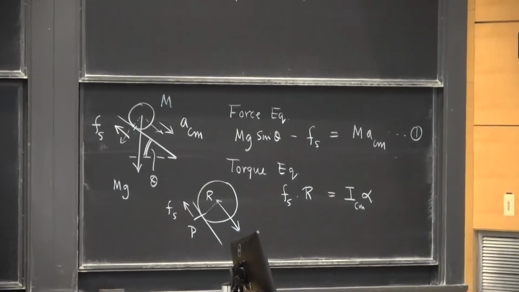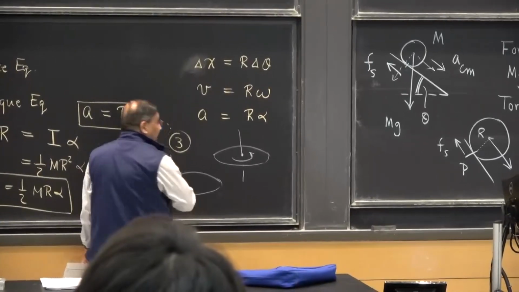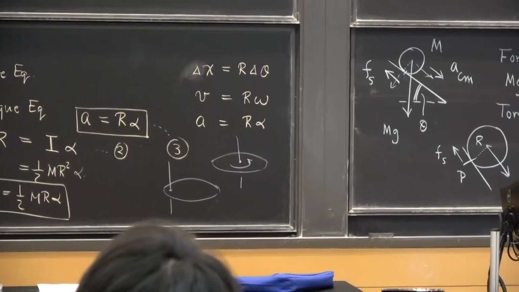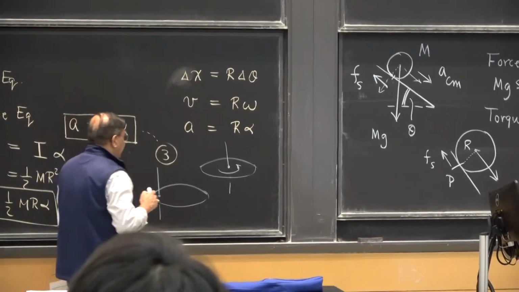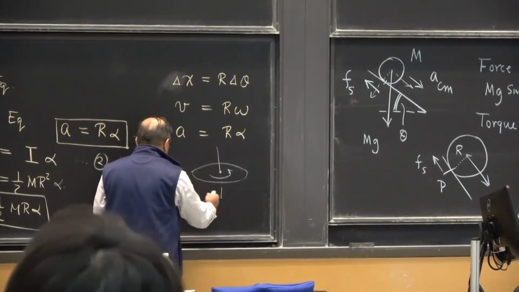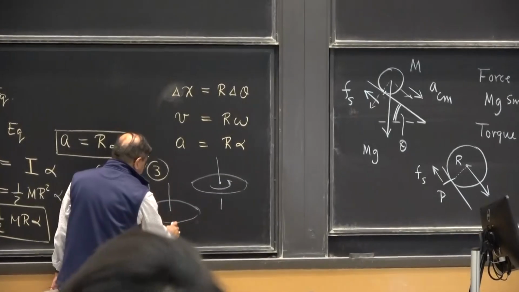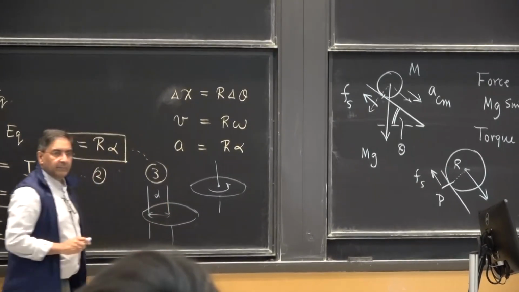You can also have a disk that is rotating about an axis away from the center. In fact, we did the parallel axis theorem, which gave you the capacity that if you know the moment of inertia about one axis, you can find the moment of inertia about some other axis that is a distance d away. In fact, you add md squared.